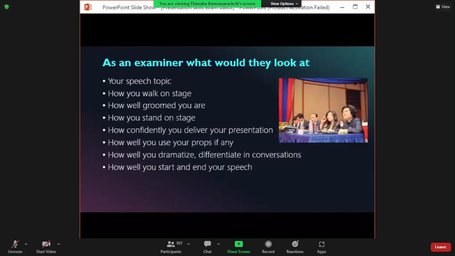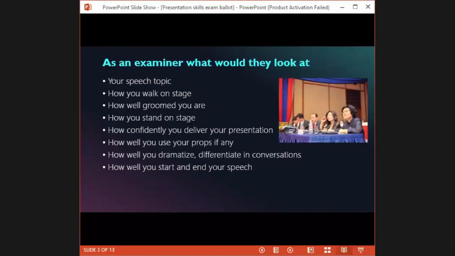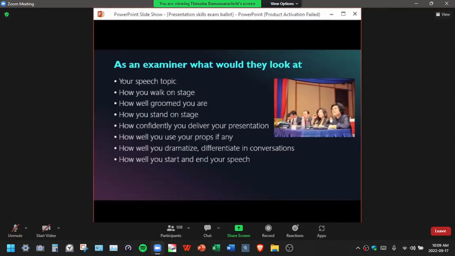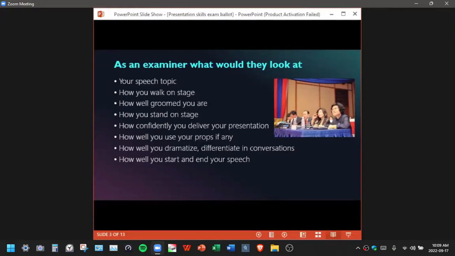As examiners, they will be looking at your topic and how you walk on the stage, and how well groomed you are.